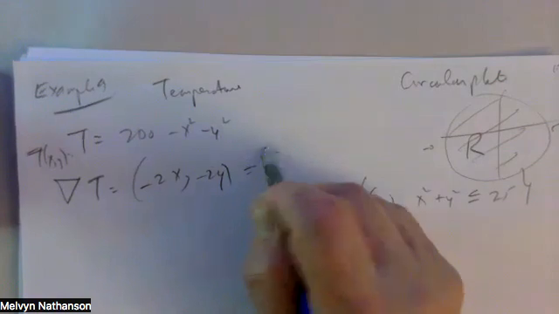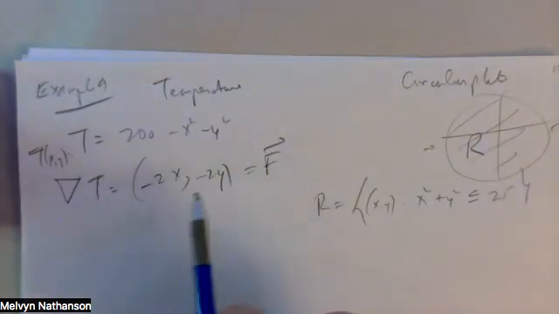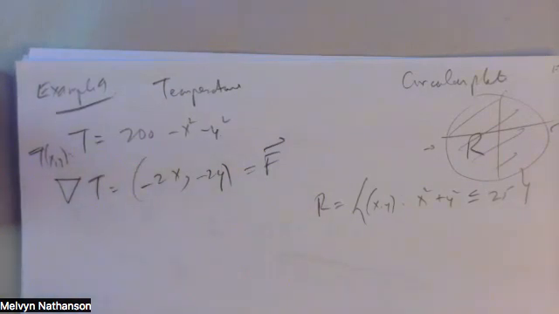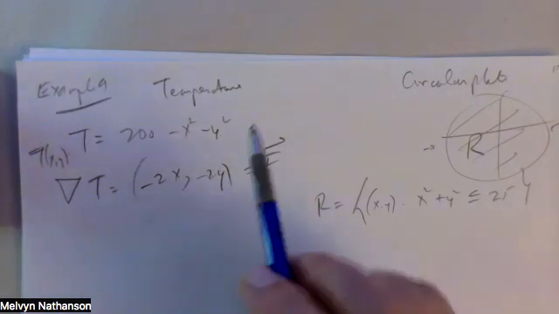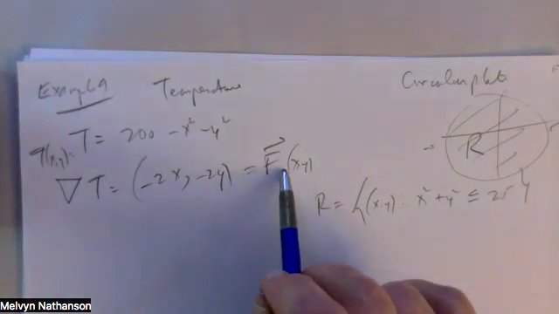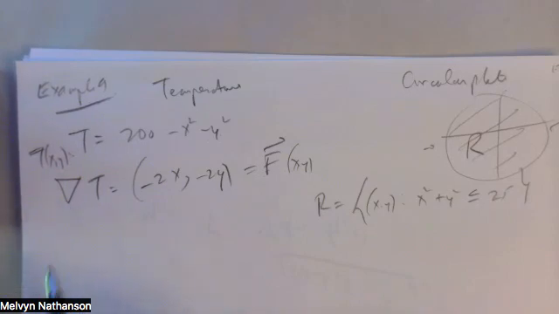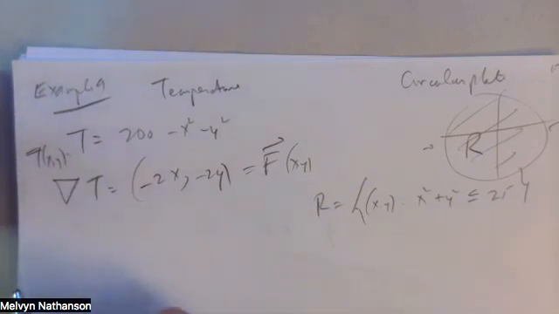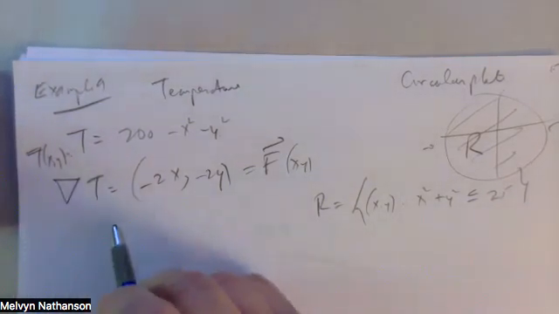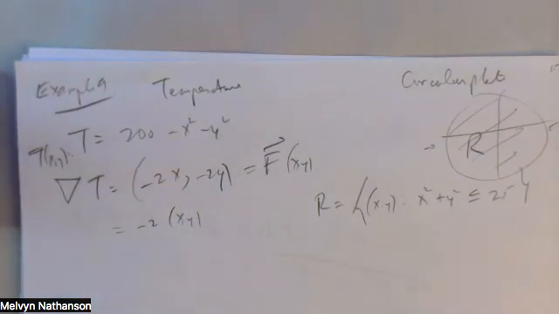So this is a vector field. This vector field has a potential function. This is a gradient field. Right? At any point x, y, the value of this vector field is the gradient of T at x, y, where T is the scalar valued function. So this is minus 2 times the vector x, y.